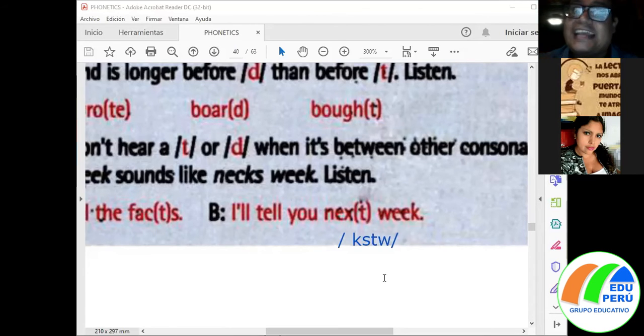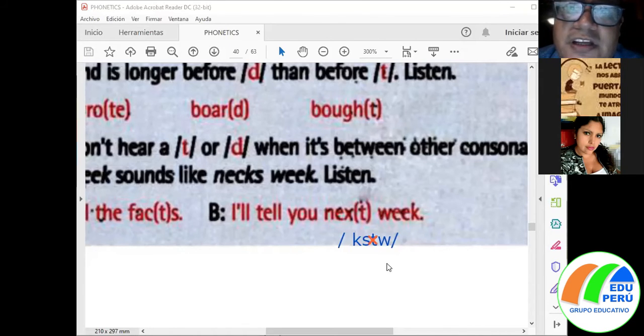When you speak in a connected way, you need to join words. So you say, I'll tell you next week. You don't say it in a slow way, I'll tell you next week. But when you speak in a connected way, you say, I'll tell you next week. Next. So you're going to omit the sound ta.